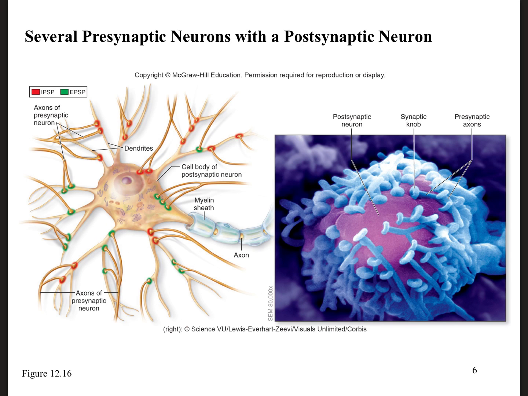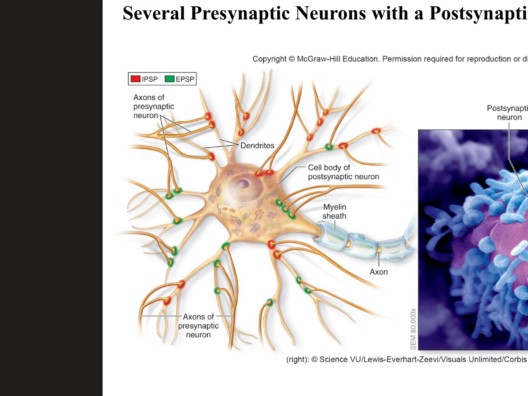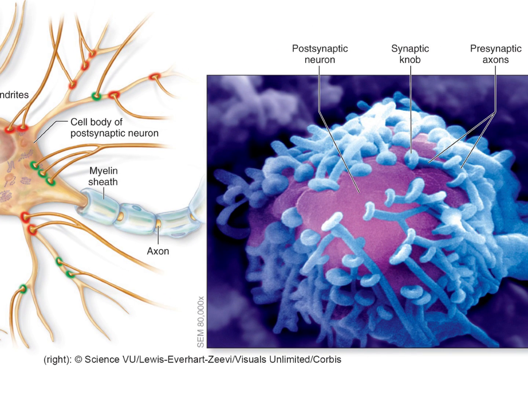No. More than likely we're going to have some inhibitory neurons, IPSPs in red, and some EPSPs in green. The point of the receptive segment is to take in all of that information. Okay? And here's a little picture showing a neuron that has loads of presynaptic axons terminating on it.